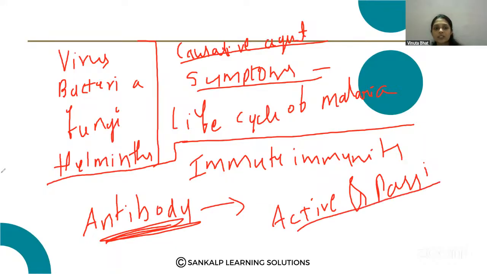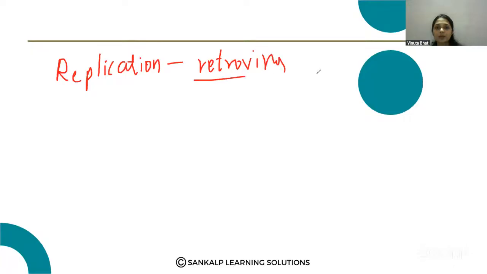In today's topic, replication of retrovirus is very important, which caused the AIDS disease. So replication of the retrovirus is important.